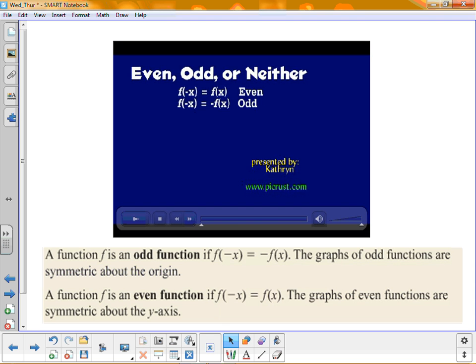If it's symmetric about the y-axis, if you would imagine a parabola, the y-axis is the vertical axis. It's the same on one side as it is on the other. That one would be even. Okay, it has nothing, NOT, it has nothing to do with whether the equation is divisible by 2.